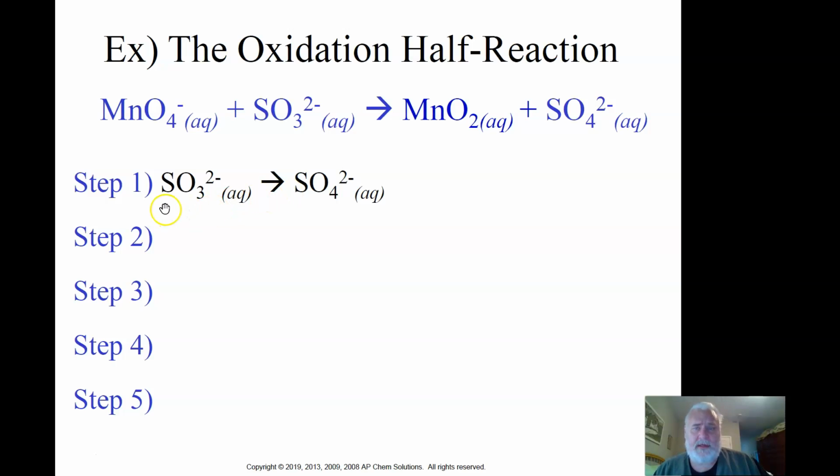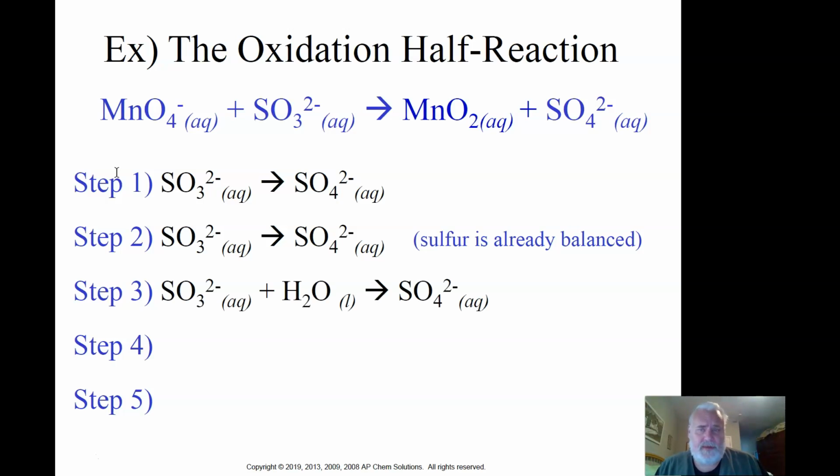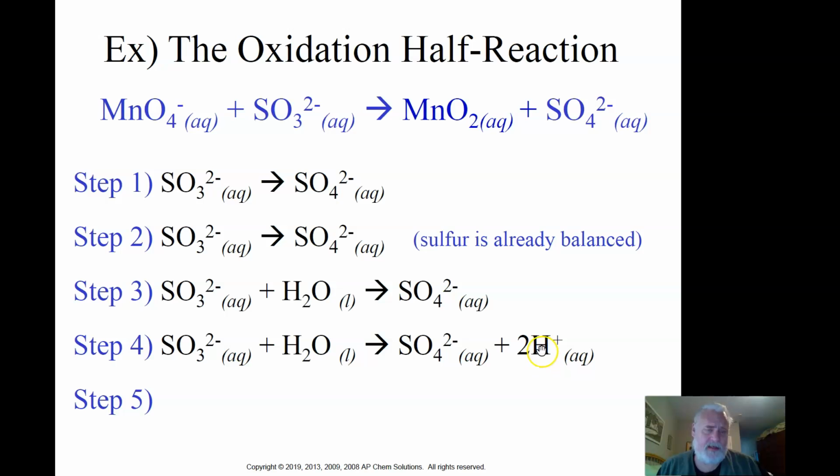All right. This reaction would be the same whether it's acidic or basic. For oxidation, sulfurs are balanced. Oxygens you are going to have to fix by just adding 1 water, and then compensate on the other side by adding 2 hydrogens. This one's a little bit trickier with the charge.